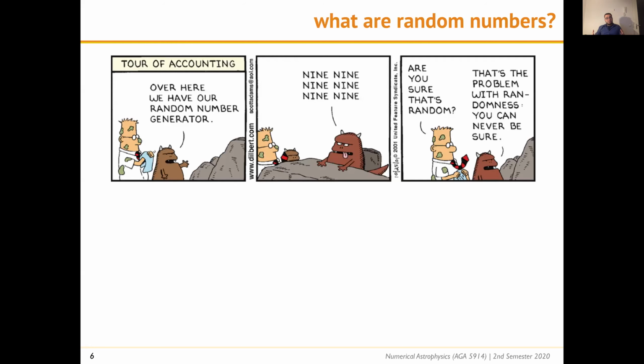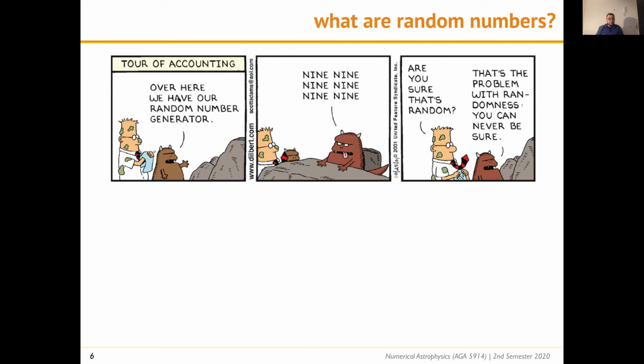Okay, let's define what random numbers are. I like this cartoon a lot because it relates to our misconceptions of what random means. In this cartoon, we have our random number generator, which outputs 9999. Of course, if the number keeps repeating, we'll probably ask, are you sure that's random?